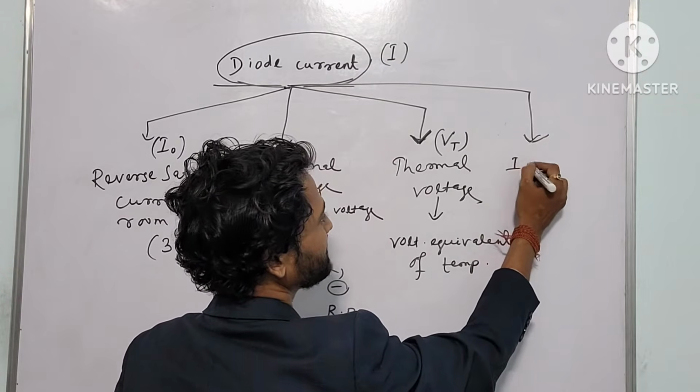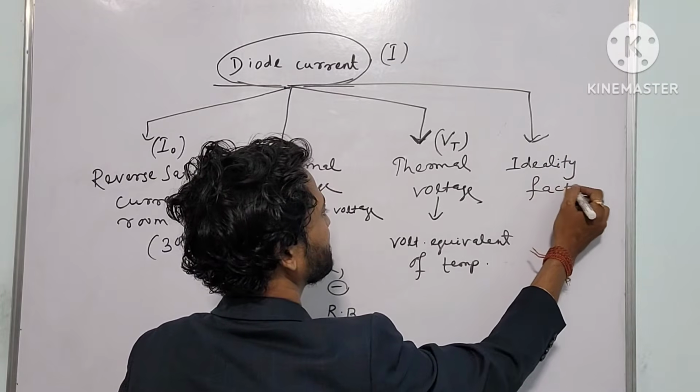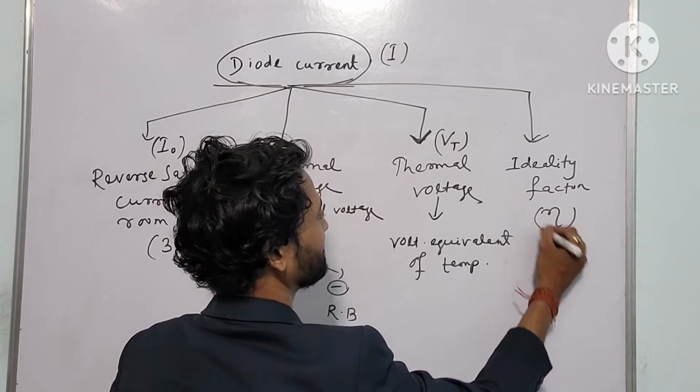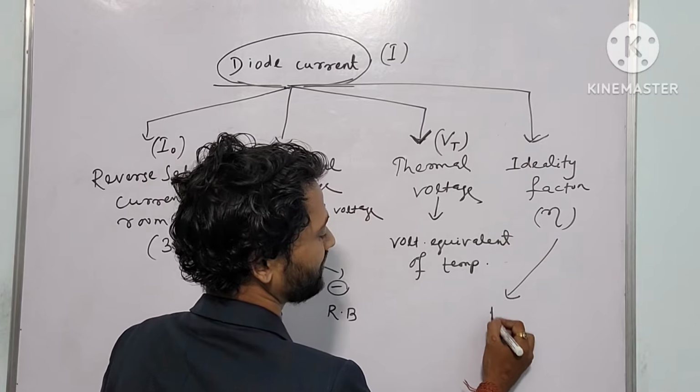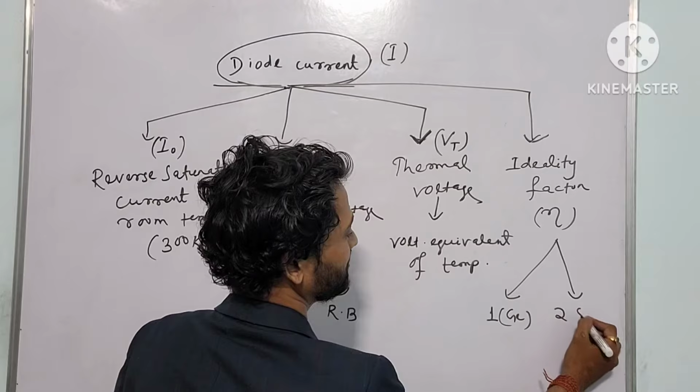Next, it depends on the ideality factor. Ideality factor is a constant, its symbol is eta. Eta is 1 for germanium and eta is 2 for silicon.